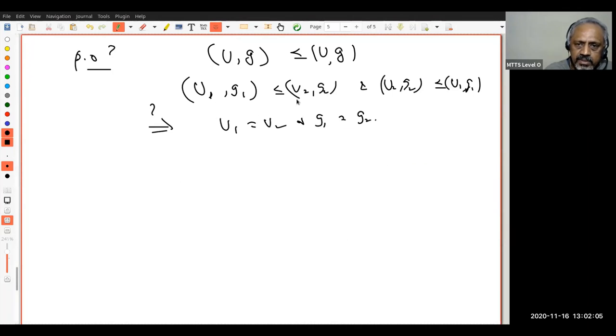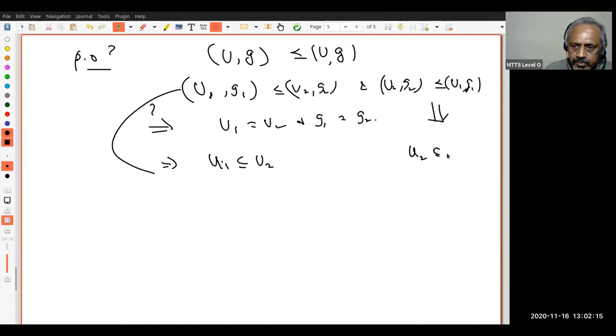Notice that (U1, G1) less than or equal to (U2, G2) implies U1 is a subset of U2, and the other inequality implies U2 is a subset of U1. Therefore, both imply U1 equals U2. Right? Okay. Now, once U1 is equal to U2, then it follows G1 is G2. Why? Start with any x in U1, which is equal to U2. Then what is G1 of x?